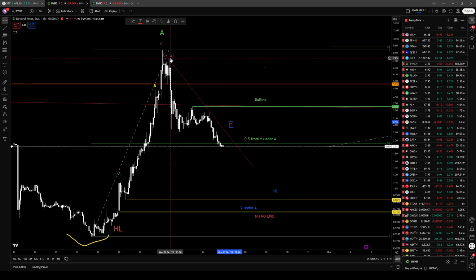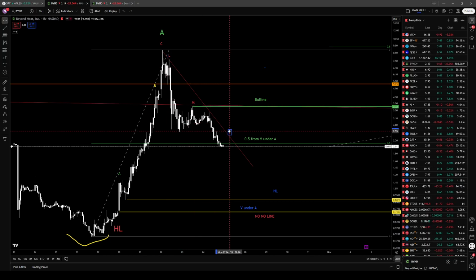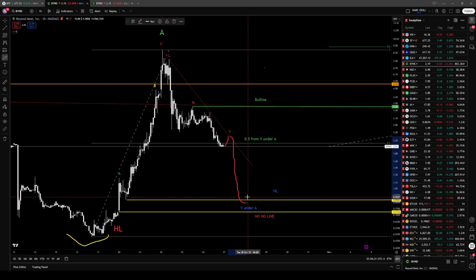For the bullish alternative, which in my opinion looks better, this was your M. You will still bounce here, come up again, some kind of 243 or something in this range. You will reject here, and you will really go down to your V under A, which is at 83.80 cents.